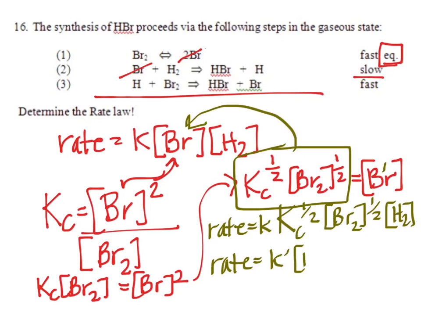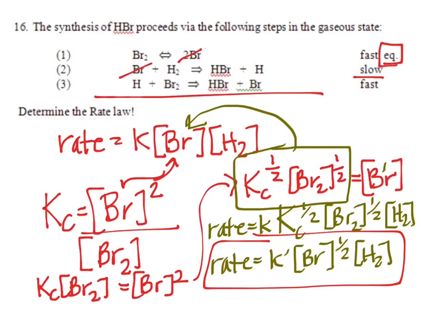That half doesn't matter, because a square root of the K, it's still a constant. Br2 to the 1/2 times H2. Would it be Br2, yes. So if we had left it with the square root instead of the 1/2, that'd be wrong. That'll be all right. So that is substitution.